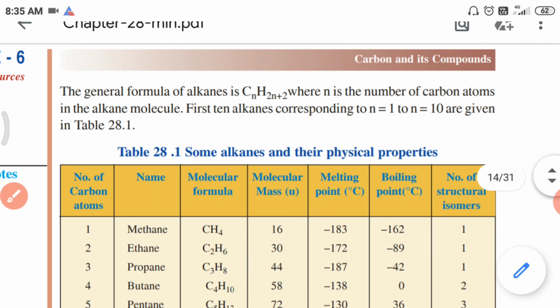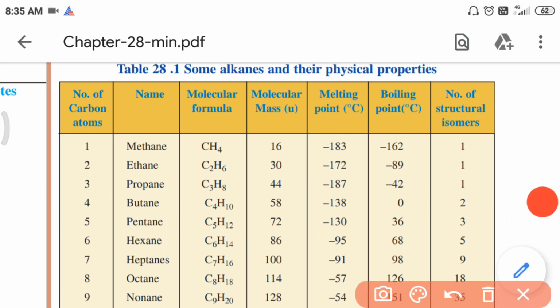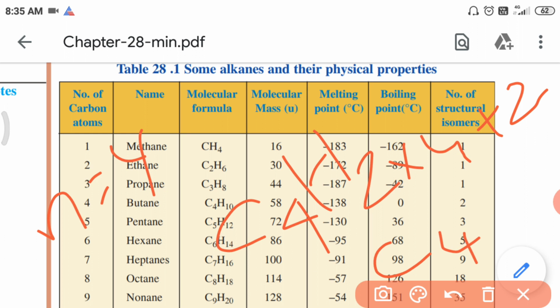If we take another one, butane, C4H10. So n is equal to 4. CnH2n+2 becomes C4H(2 into 4 plus 2). 2 into 4 is 8, plus 2 is 10.